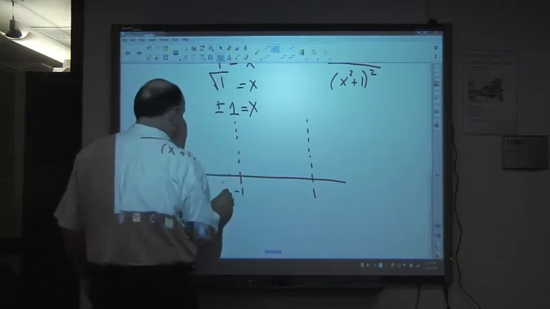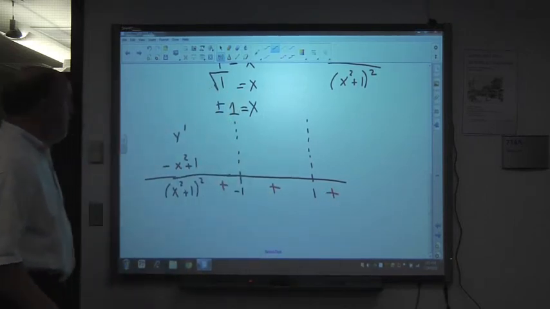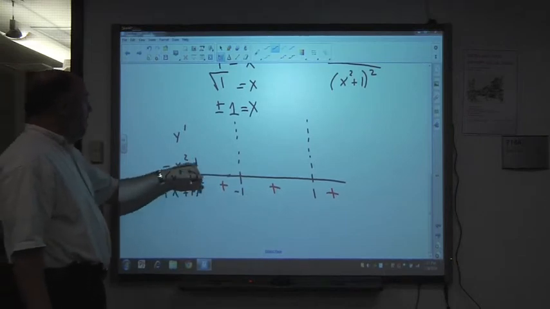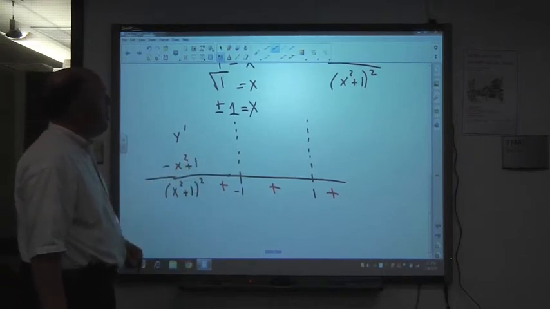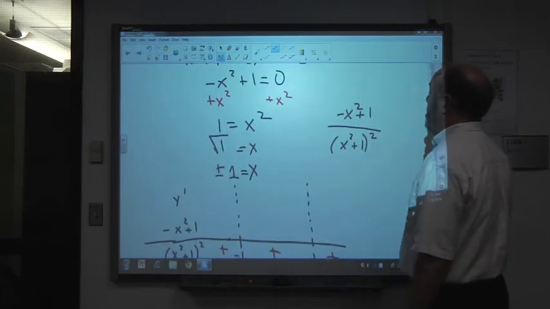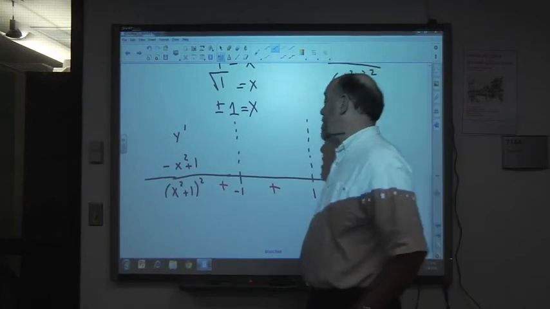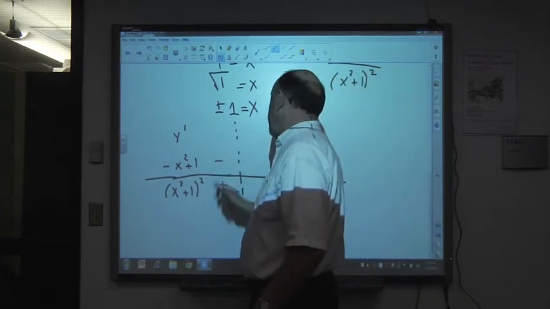So my denominator here each time will be positive. What's going on up top? Well, if I take a negative number and square it, it's going to be positive, but then we're going to make it into a negative. So this will be negative.